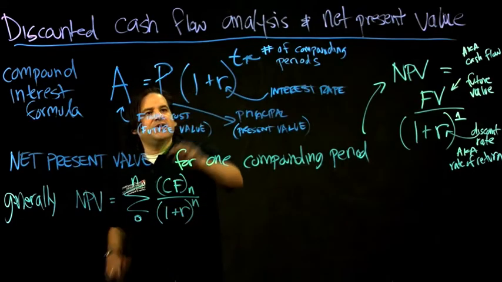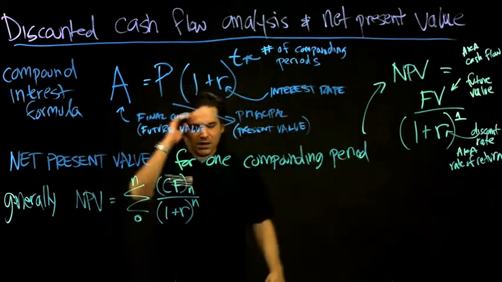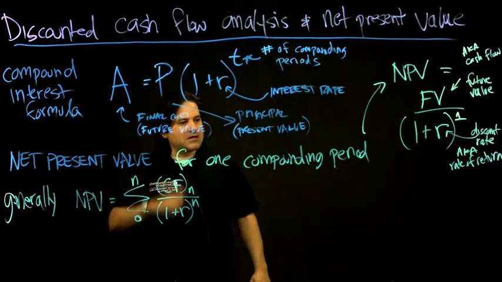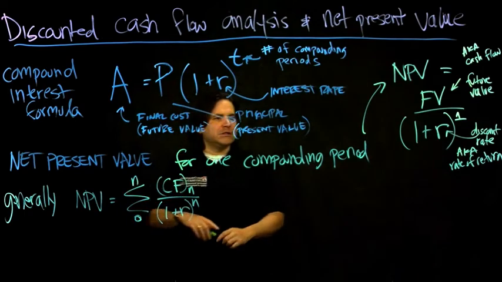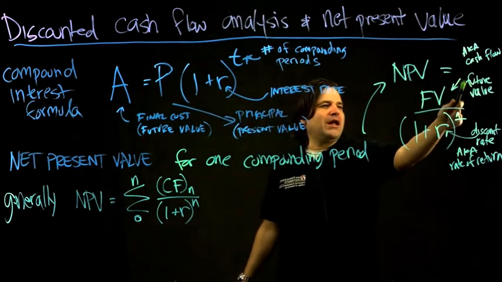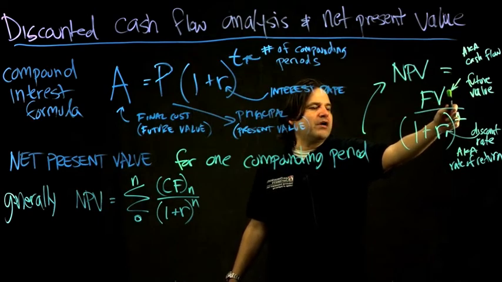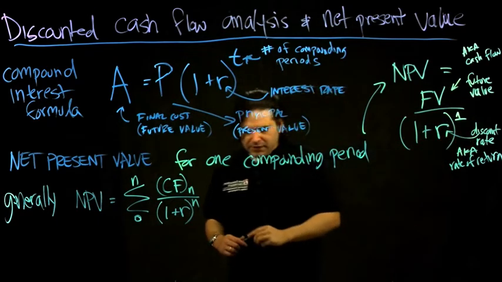So it's this equation in reverse, but over many compounding periods. And so what you do is, most of the time you apply a known cash flow, a known future value, and you apply a known discount rate.